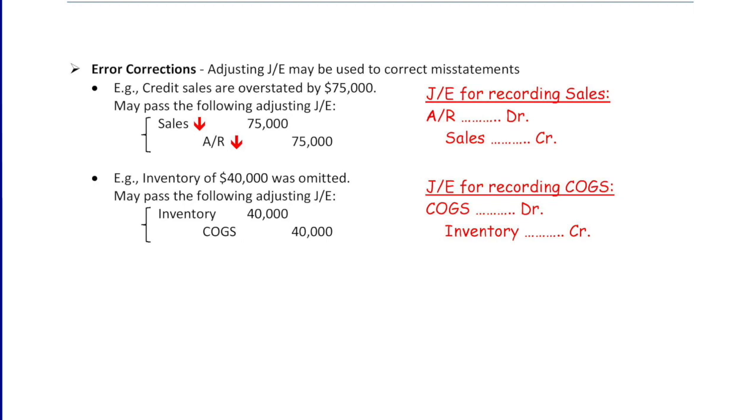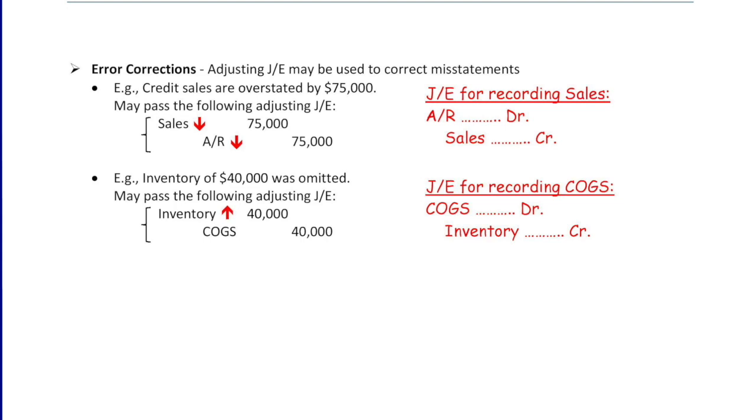So the second example says inventory of $40,000 was omitted. That means inventory is understated. So you got to increase inventory by $40,000. That's why you debit it. So draw an arrow which shows increase going up.